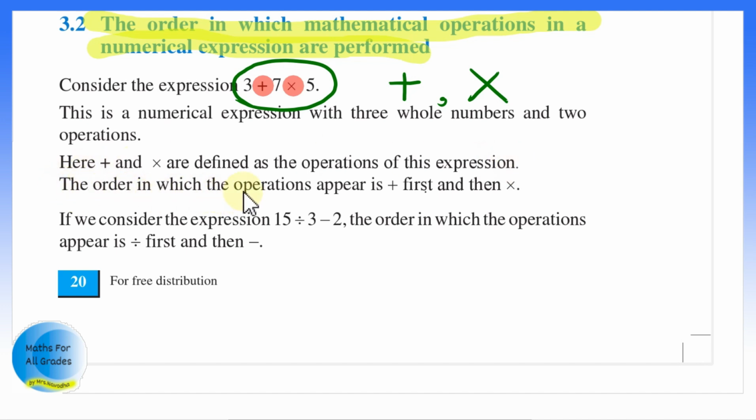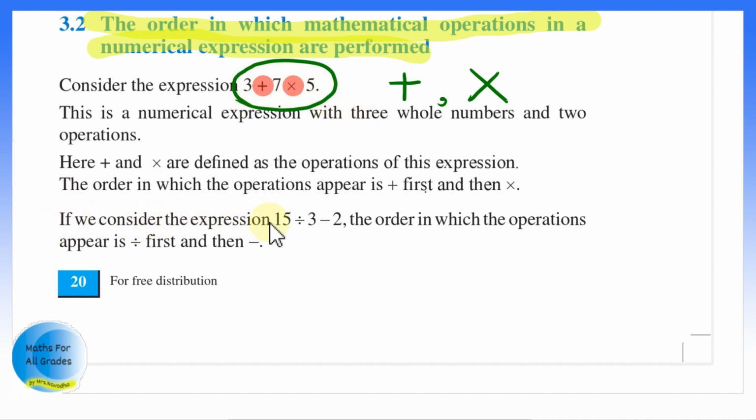The order in which the operations appear is addition first and then multiplication. It's easy to recognize because when you are reading this expression, you always start from the left. You are going to read it like 3 plus 7 times 5.